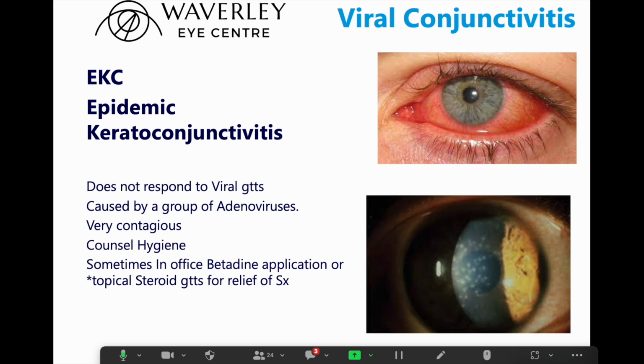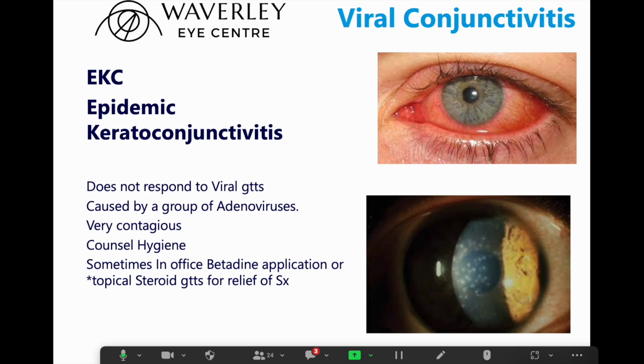One type of viral conjunctivitis that does have involvement in the cornea is EKC, epidemic keratoconjunctivitis. This is the one that optometrists flip out about because this is the one where you have to do the COVID style of wipe down of your office. We're more used to that now, but before COVID, you had to think: what did that patient touch? Where did they sit?